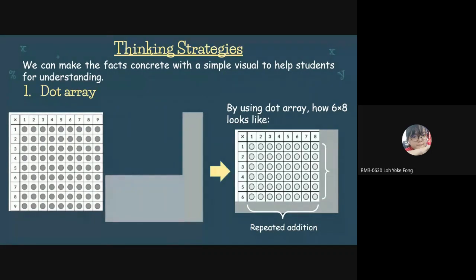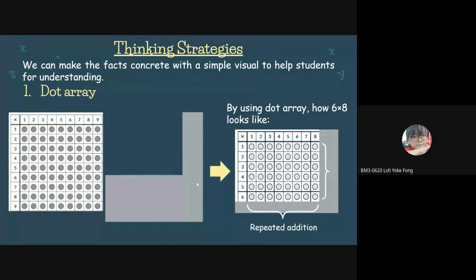Dot array can help students relate the connection between addition and multiplication. In this case, we need to prepare a dot array with the 9 times 9 table and an L-shaped colored paper.